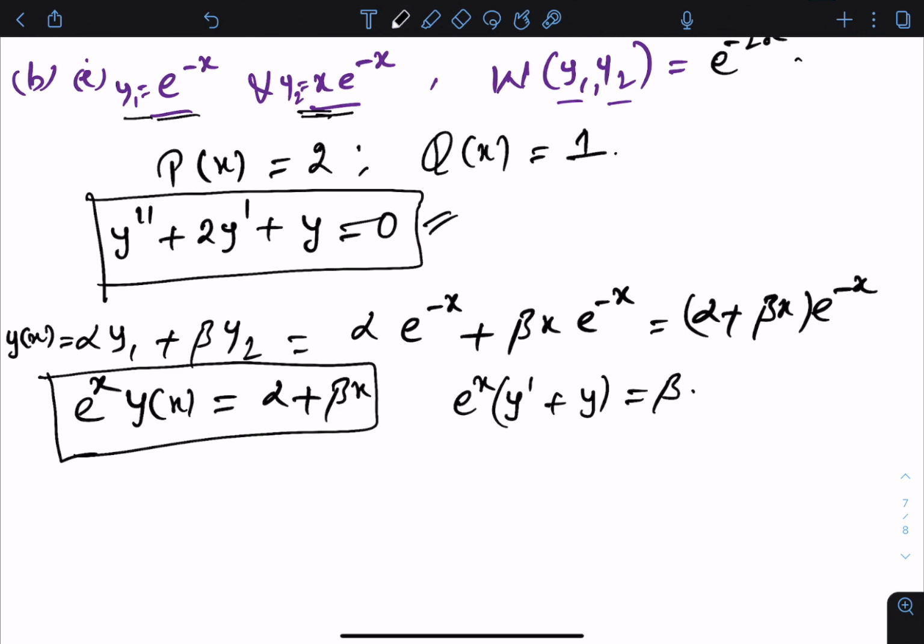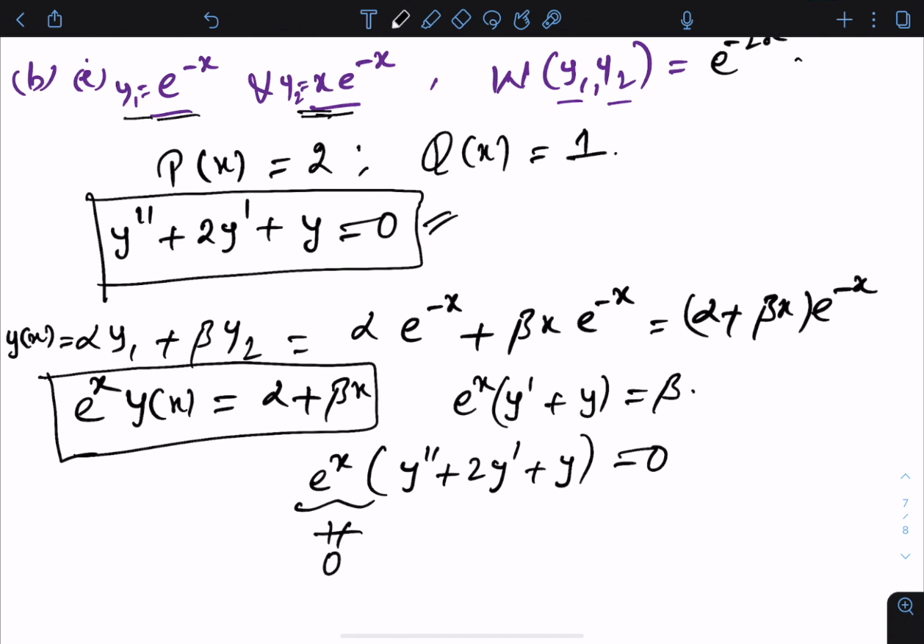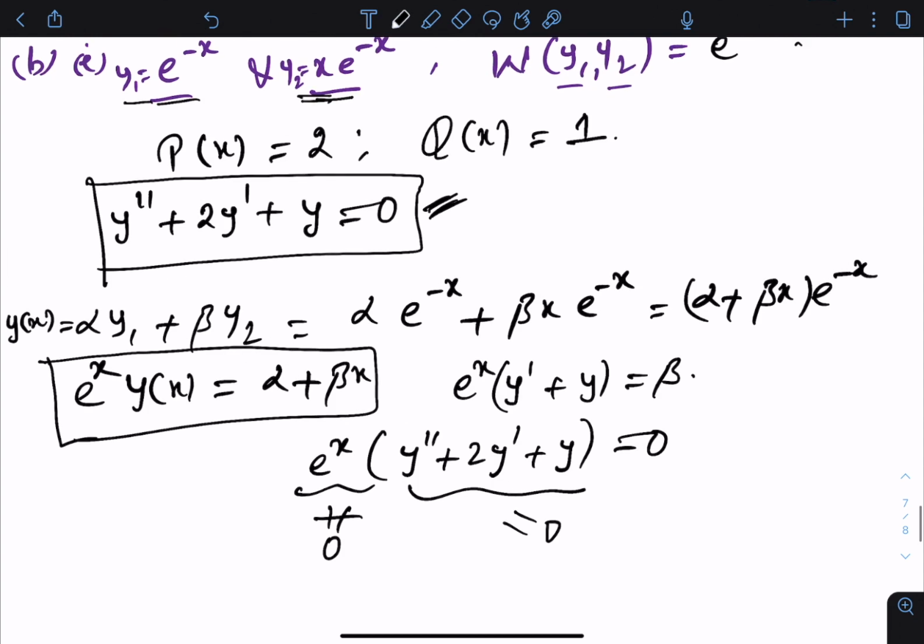If you differentiate it once more, again by product rule, you get e power x (2y prime plus y double prime plus y) equal to 0. This is always non-zero, so this has to be 0, which is precisely this. Okay, so that's another way of finding the differential equation. Right, and in this case it's here.